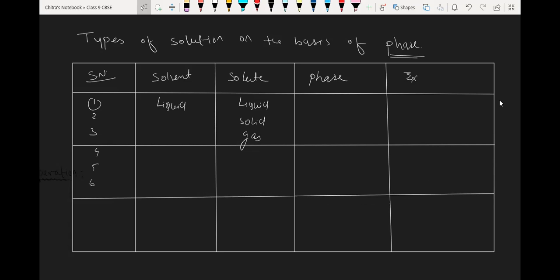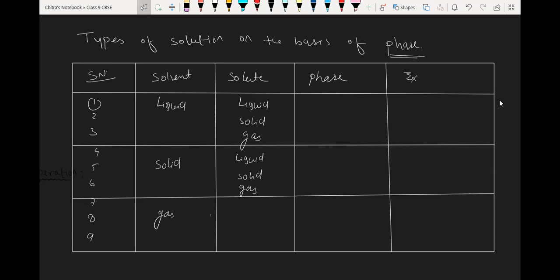Suppose the solvent is solid, so the solute again can be liquid, solid, or gas. Then we have seventh, eighth, and ninth. Suppose our solvent is gas.